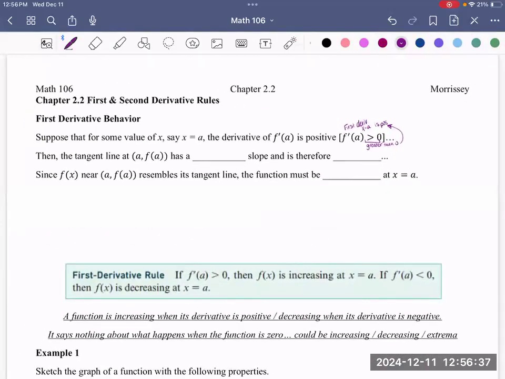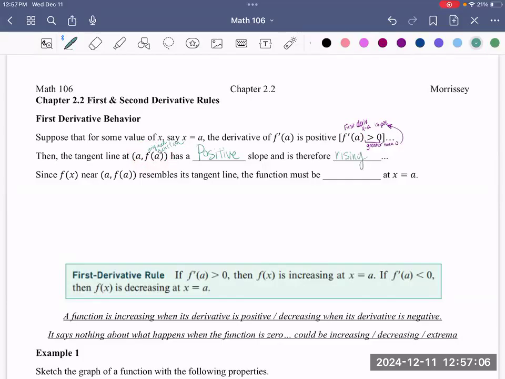If that is true, then the tangent line at that particular point a, on your original graph, has a positive slope and therefore is rising.